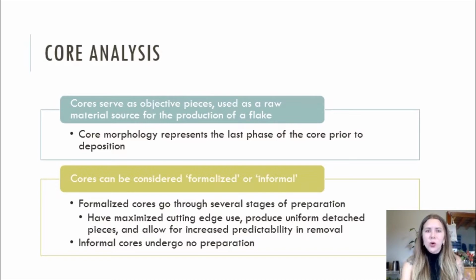And informal cores undergo no preparation and are essentially raw material that has been selected for immediate knapping without any shaping prior to flake removal. Examples of these two different types are Levallois and Oldowan cores, with Levallois being formalized and Oldowan being informal.